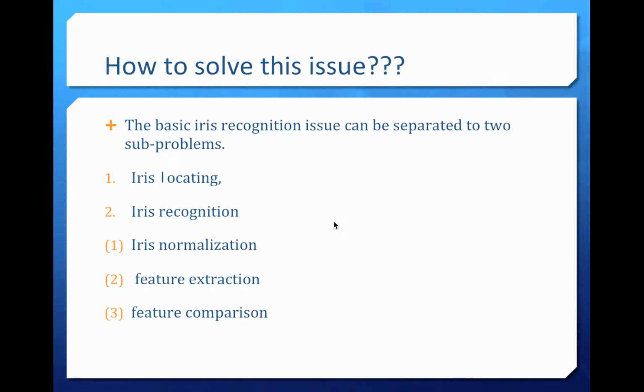The second problem can also be separated into three subproblems. The first one is iris normalization. The second one is that after normalizing the picture, we extract the features from the picture. And then we compare the features from two pictures, find the differences, and use this to determine if the two pictures are from the same eye.